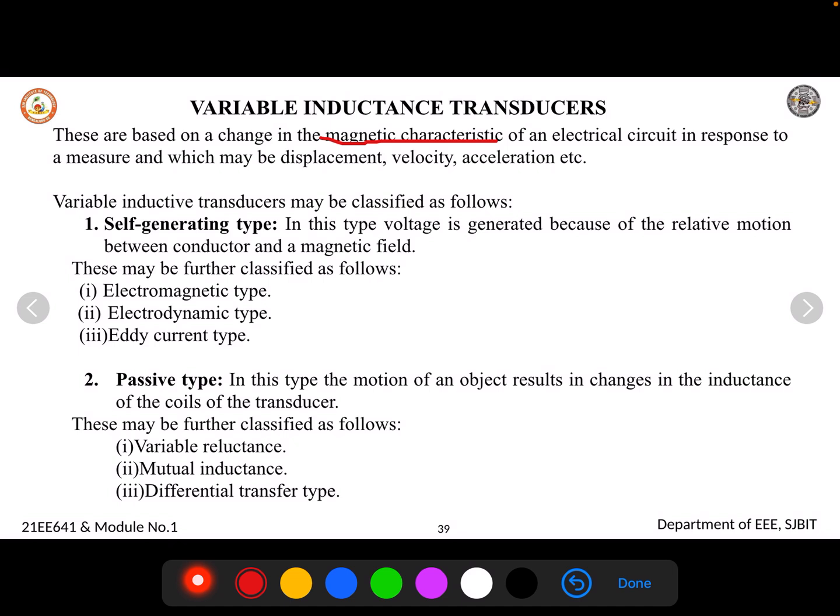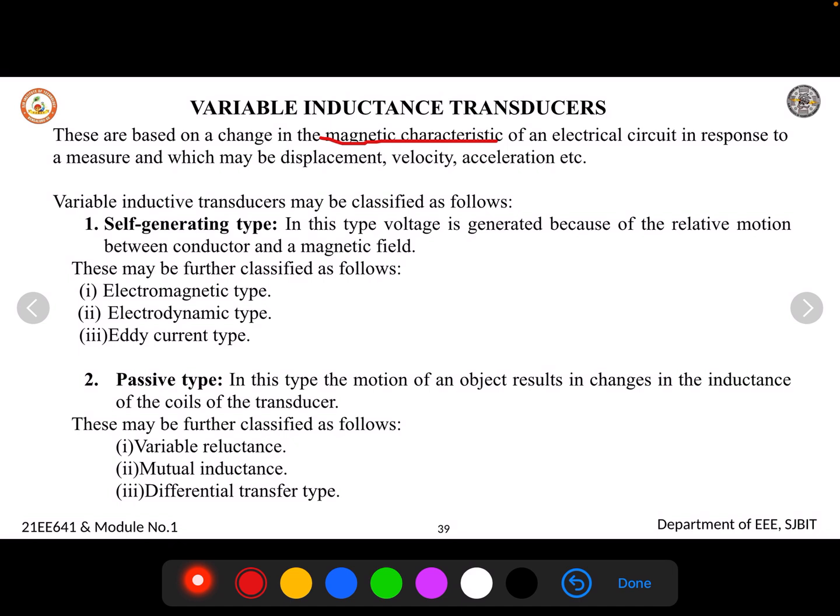This core variation can happen linearly or in the form of rotation or any other displacement which will be given. Based on that, the core can move linearly or in a circular way. Based on this movement, the inductance is going to vary. That is called a variable inductance transducer.